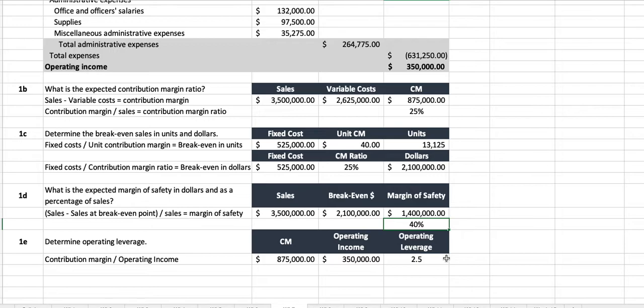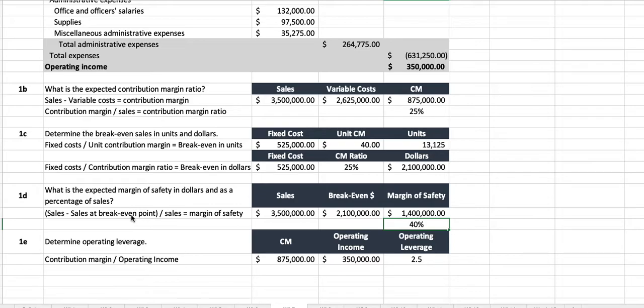Well, margin of safety is also a measure of risk, and we express it as this percentage that you see here. So businesses use this to measure the percent of decrease in sales that the business can absorb before they begin realizing an operating loss. Businesses that have lower margins of safety are impacted by even small shocks to the economic environment.